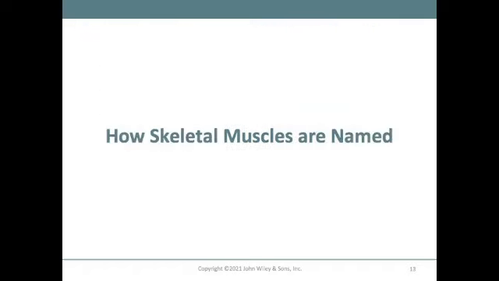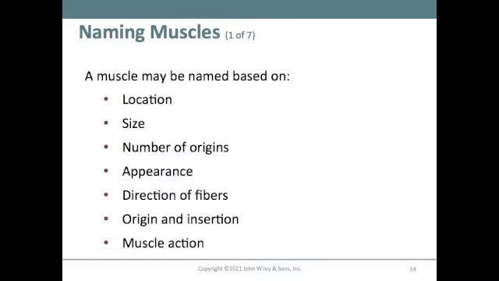The naming of skeletal muscles, or nomenclature, starts on page 351, and we'll be looking at page 352, table 11.2, but any muscle can be named based upon location, size, number of origins, appearance, direction of fibers, origin and insertion, muscle action. So like biceps brachii.